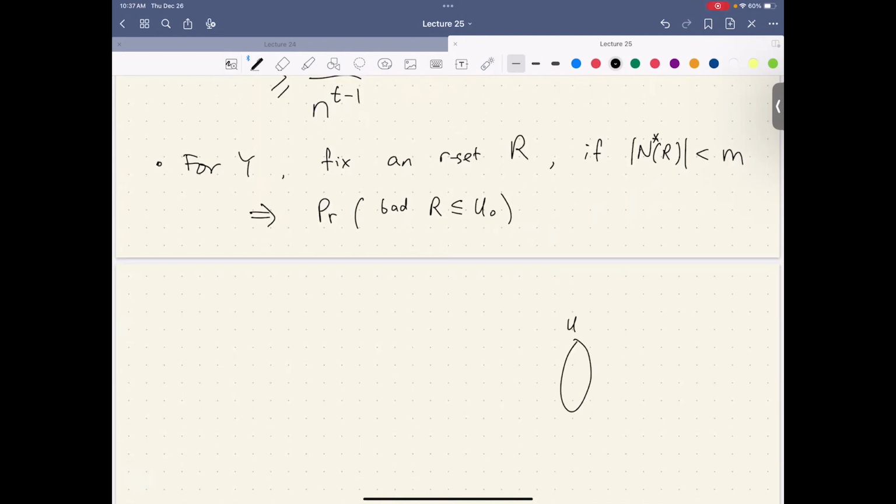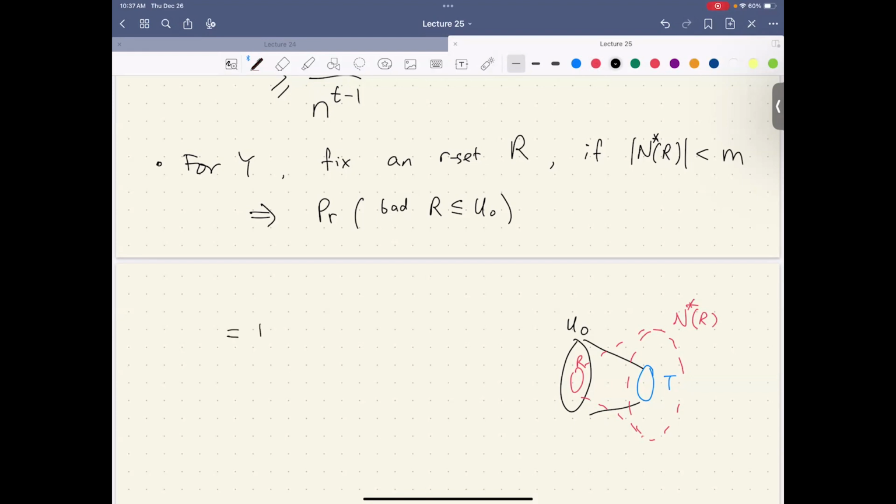Remember, U0 is the common neighborhood of this random set T. This will require T to lie in the common neighborhood of R, right?